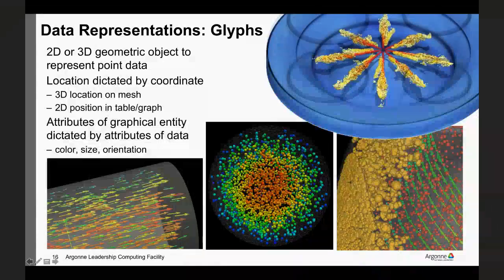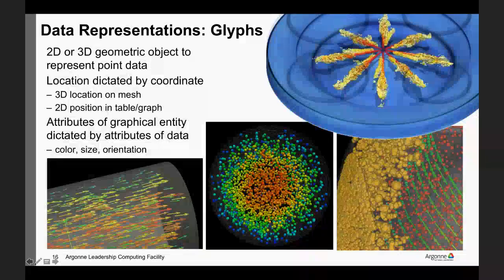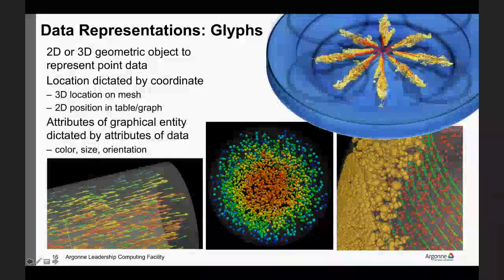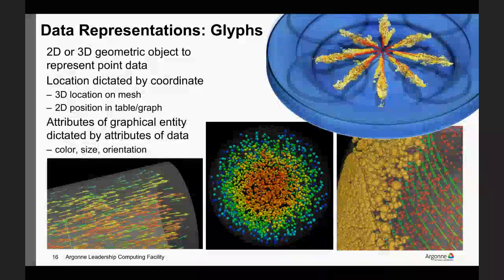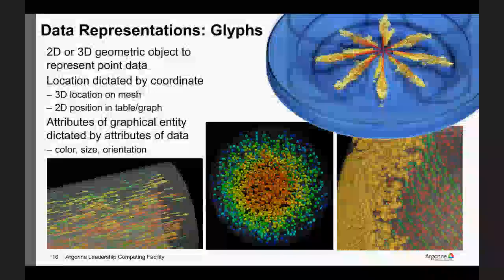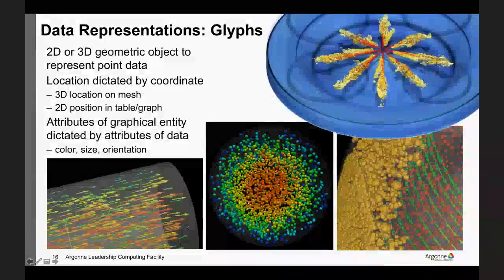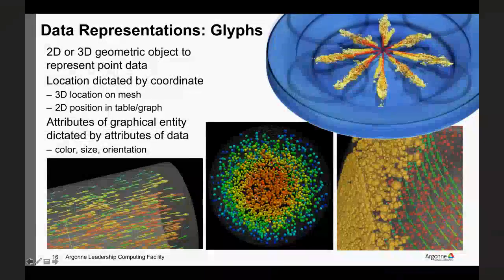So, for example, in this image in the middle, what we're looking at is particles in blood flow. We're looking essentially down the middle of a tube where these particles are flowing, and they're colored by their velocity. It uses the rainbow color map, which for various reasons I discourage, but in this case I happen to use that.